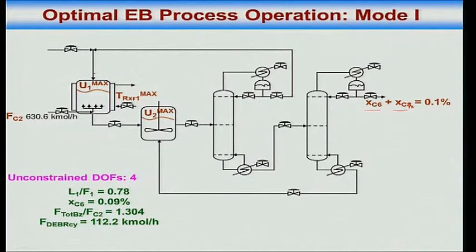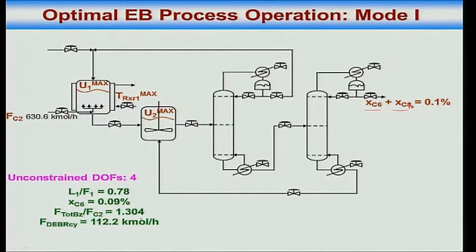Okay. And of course your excess ratio, so 2 degrees of freedom we talked about unconstrained, L1 by F1, and the impurity benzene in the product. The other 2 I have just chosen as total benzene to the reactor divided by fresh ethylene to the reactor, and that turns out to be 1.3. So there is a 30% excess of benzene going to the reactor.